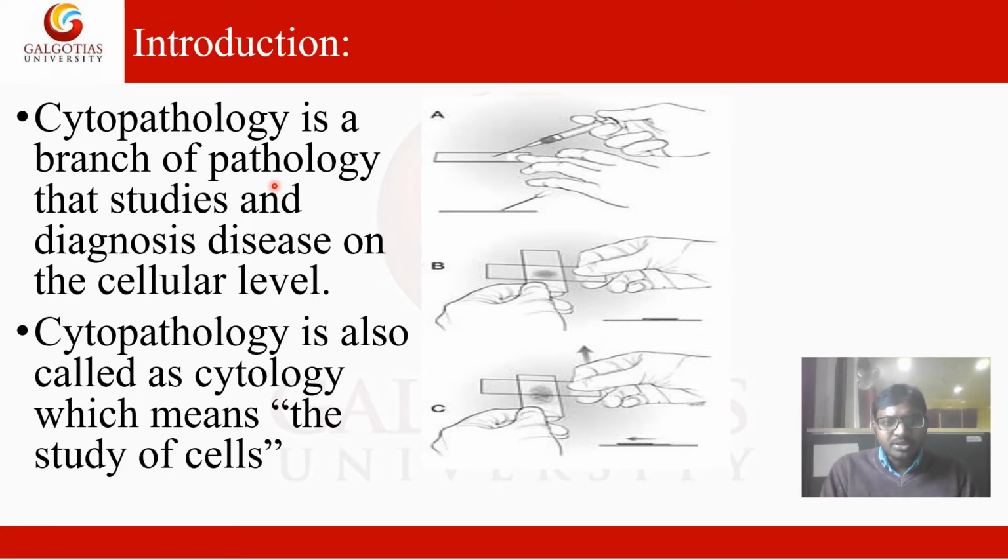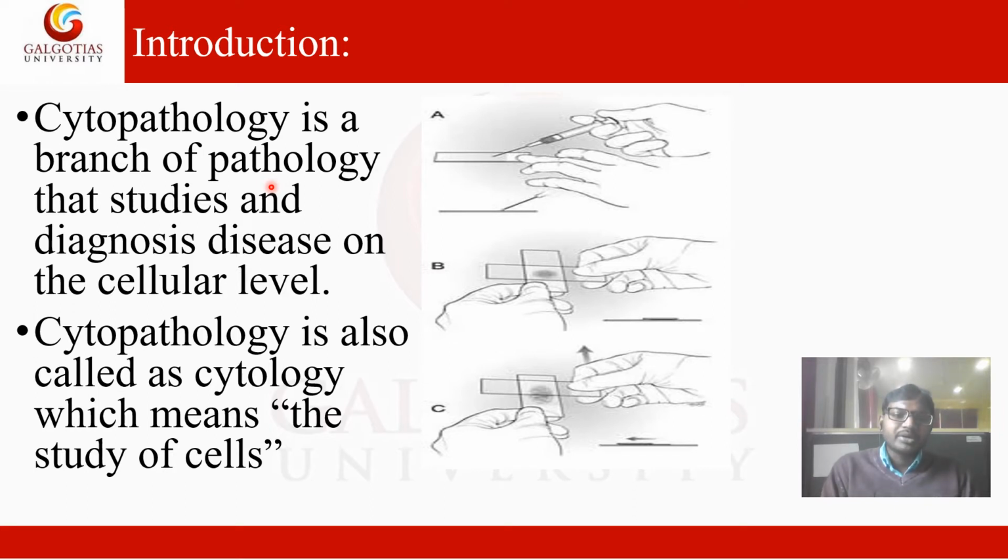In histopathology, we collect tissue samples from the human body, whether it is biopsies, of which different types are available. That will take a minimum of 4 days for reporting.